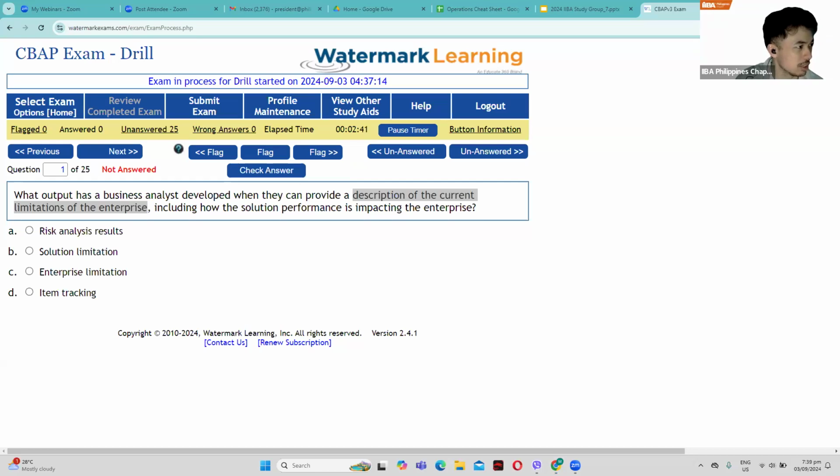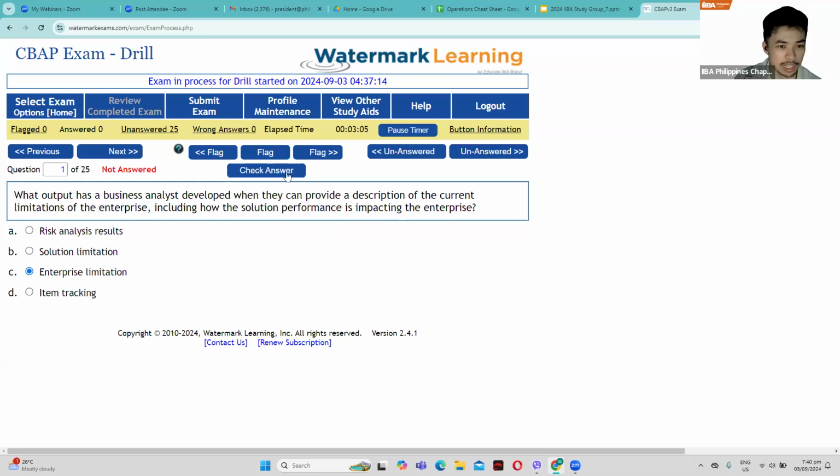Solution limitation. Moses thinks the answer is solution limitation. I vote for C. You vote for C? Okay. I also vote for C just because it says limitations of the enterprise, Moses.